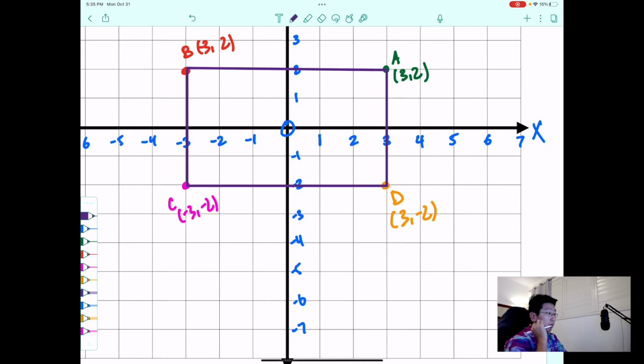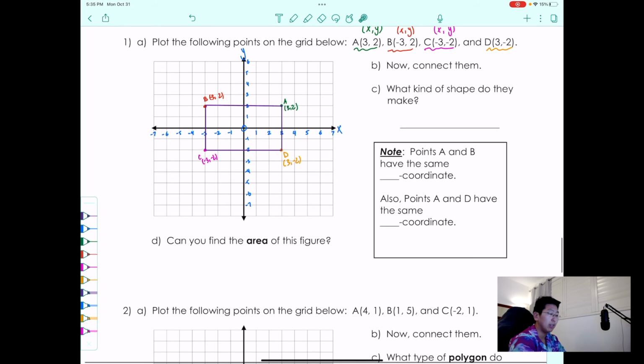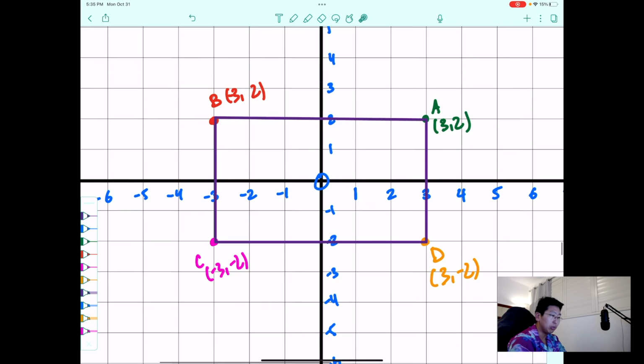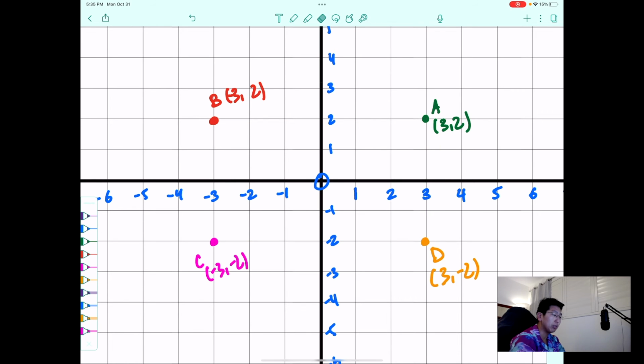One of the things I do want to mention is when you do this, I'm drawing a line from A to B, B to C, and C to D. So let me show you. I'm drawing a line from A to B, B to C, and C to D. And then I always connect it back. You'll have a couple of assignments where you might want to plot points, but if you do not go from A to B, B to C, and C to D, and then you close it up, you're going to end up with something like this.